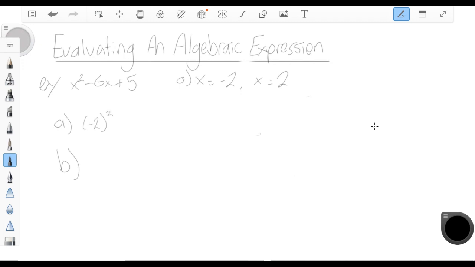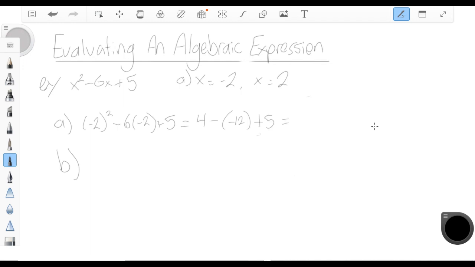So we have negative 2 squared minus 6 times negative 2 plus 5. Carry out these operations. Negative 2 squared, or negative 2 times negative 2, gives us a positive 4. Minus 6 times negative 2 gives us a negative 12. And then the plus 5 remains.